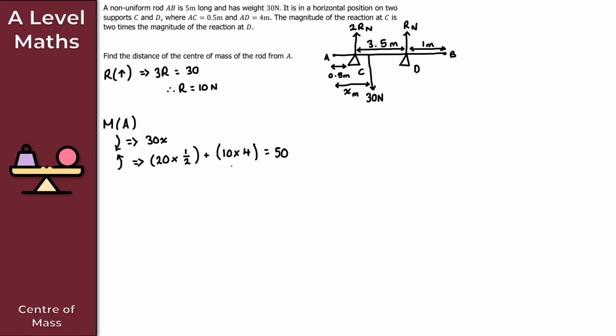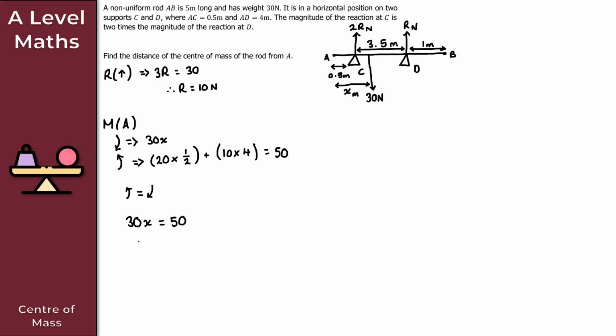Okay, so clockwise moments are equal to anti-clockwise moments. Either way is fine, it doesn't matter how you describe that. So what I get here is 30x is equal to 50.